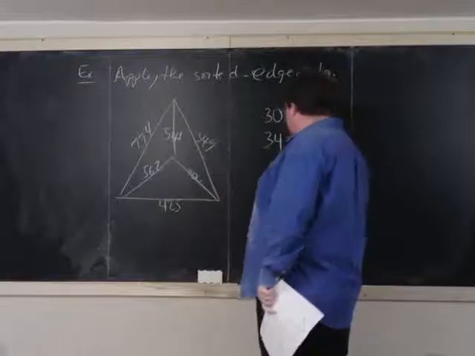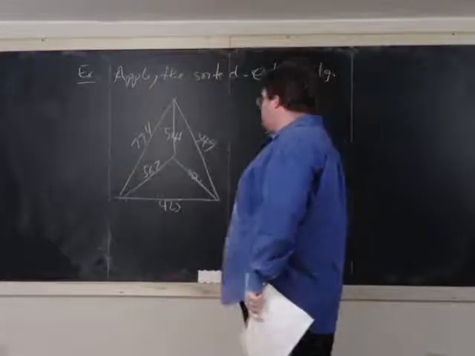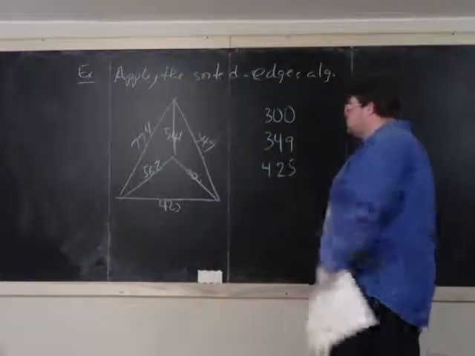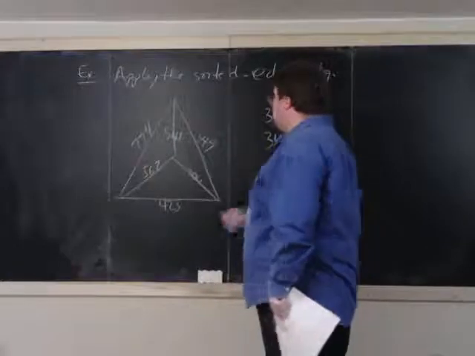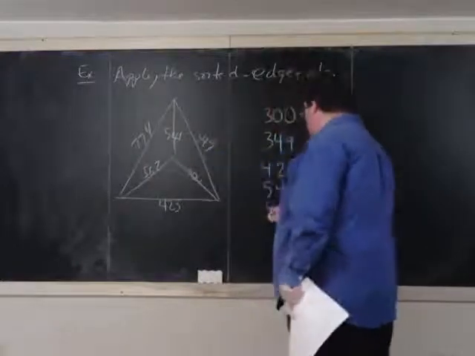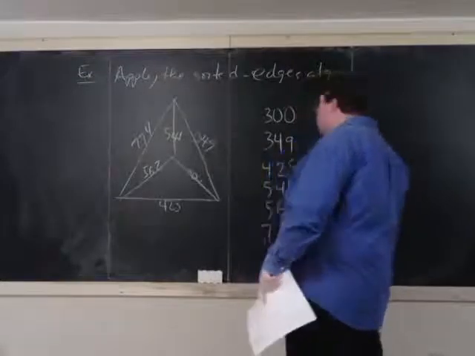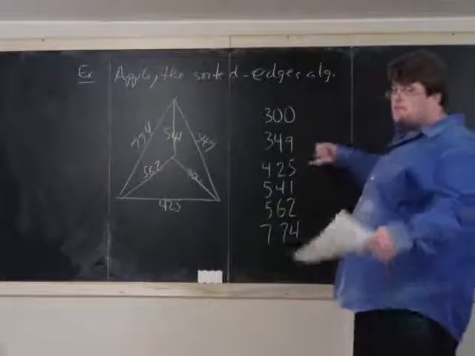This is probably the easiest place to make a mistake. You don't want to miss one of them. Right here there are 6 numbers, so we're going to have 6 numbers in our list. That says 541, 562, 774. And what we're going to do is just add these if we can.